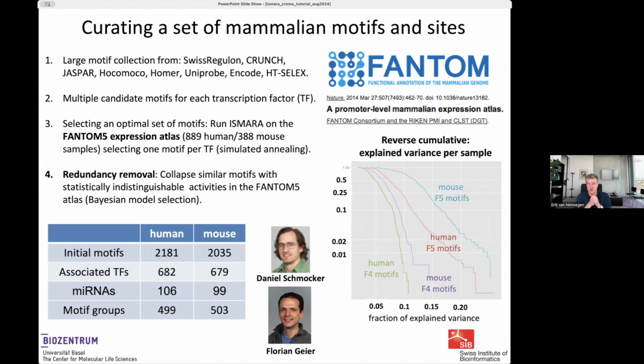All right. So we somehow had to curate this information. At some point, these two group members, Daniel and Florian, collected all motifs.